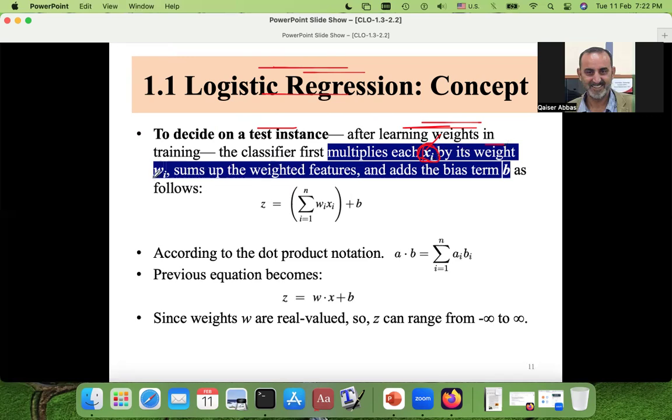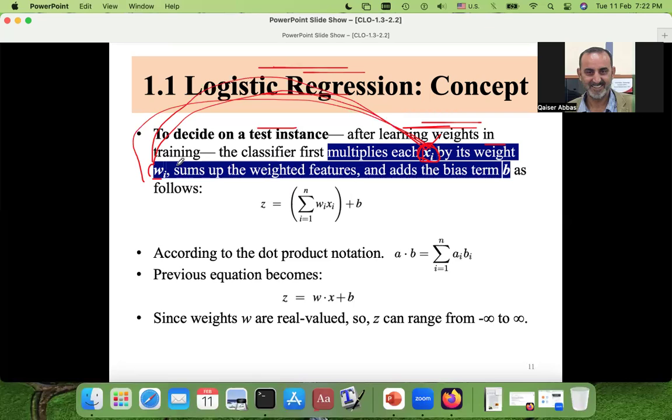If we call weights with another notation wi, wi is for w1, w2, w3, w4. x1 will have the weight w1, x2 will have the weight w2, x3 will have the weight w3, x4 will have the weight w4, and so on. It means that the input and the weights would have a similar format.